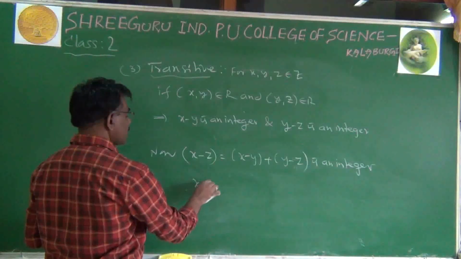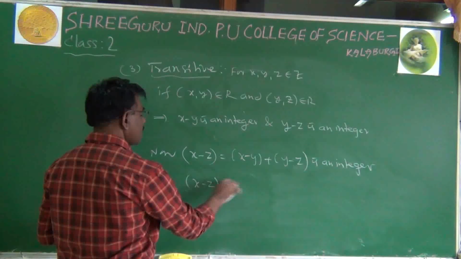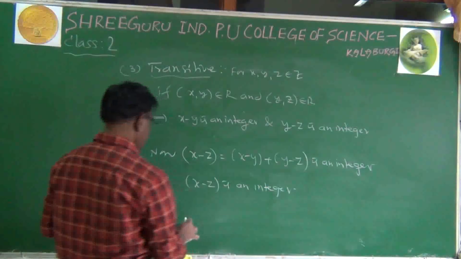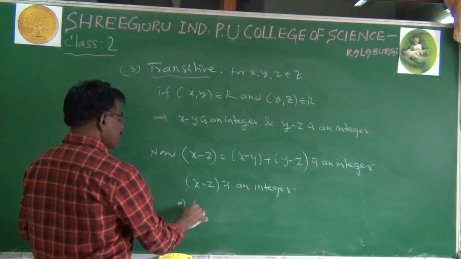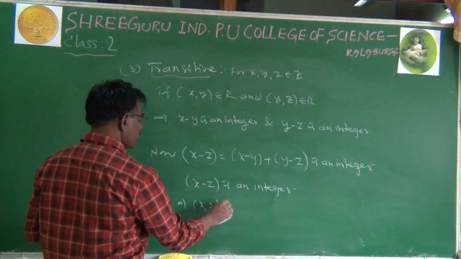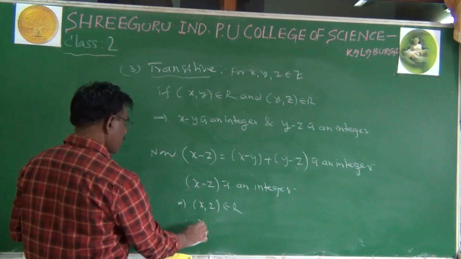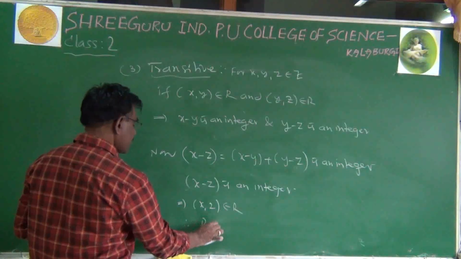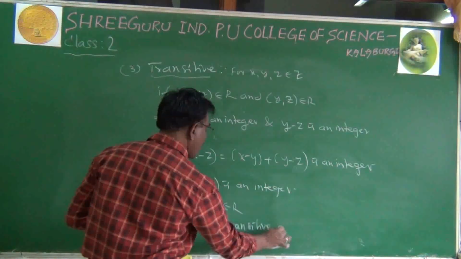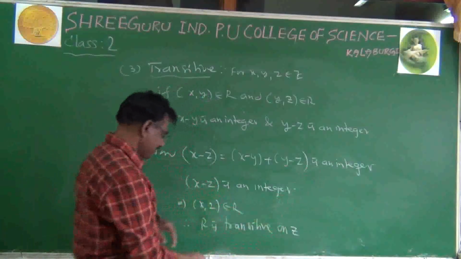So X minus Z is an integer. It implies X comma Z belongs to R. Therefore, R is transitive on Z.